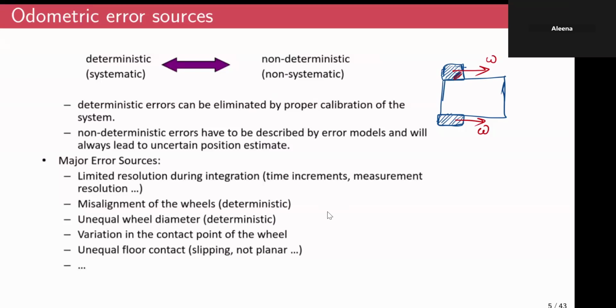If I call the radius of this wheel A1 and this wheel A2, then even if you give the same inputs, the velocity on this side would be A1 omega and the velocity on this side would be A2 omega. So even with the same angular velocities to the motors, the velocities at the periphery of the wheels would be different because of the difference in diameter.